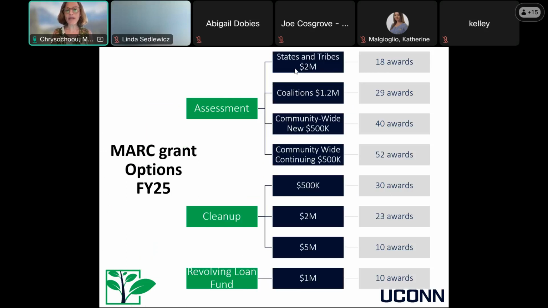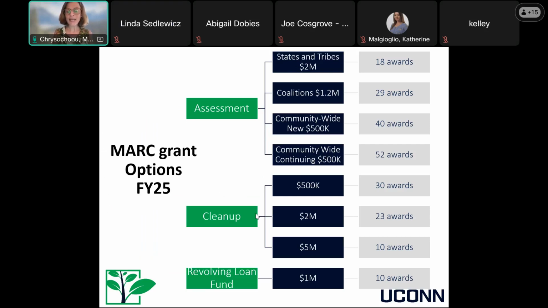And for the assessment grants, there are 4 types of grants: the state and tribe ones, coalition, community-wide new, and community-wide continuing grants. We just had a webinar on coalition grants last week, so you can watch that recording if you're more interested in assessment grants.